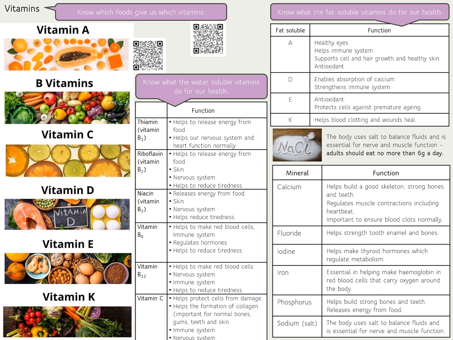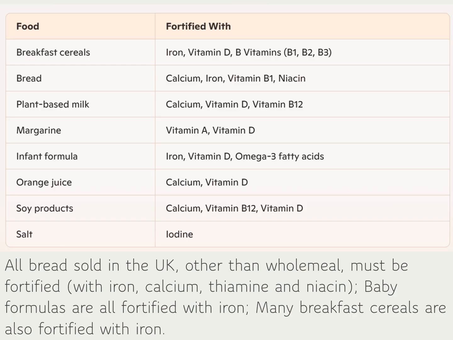Remember that calcium is always paired with vitamin D and iron must always be paired with vitamin C for those vitamins to work effectively. Some foods are fortified with extra micronutrients to help the health of the nation, and it tends to be the staple foods that we're more likely to eat all the time. So you need to spend some time pausing on this slide to try and remember some of the foods that might be fortified.